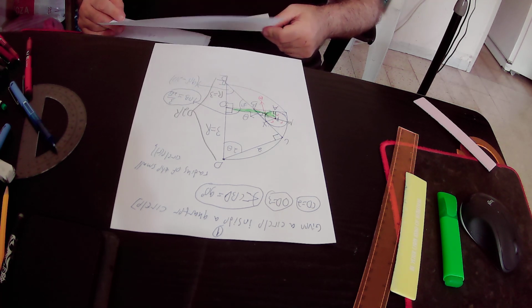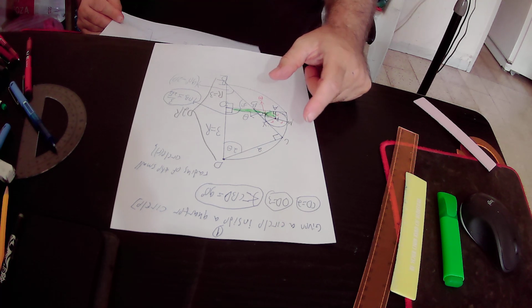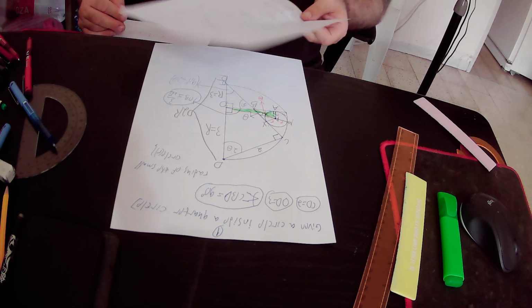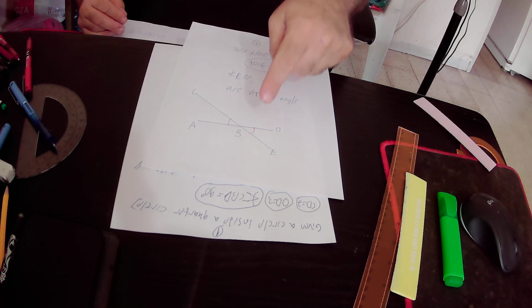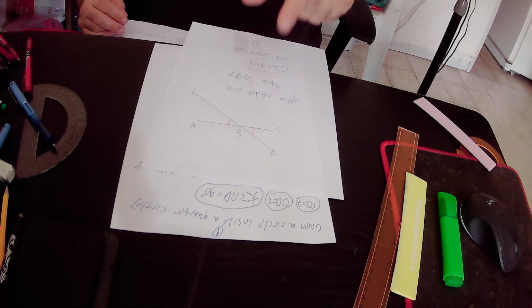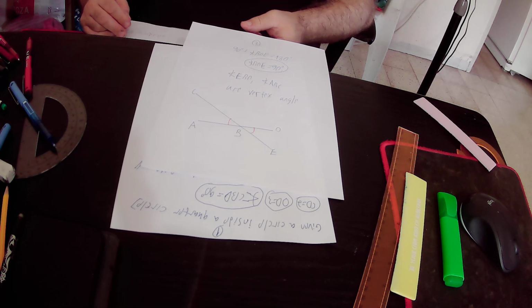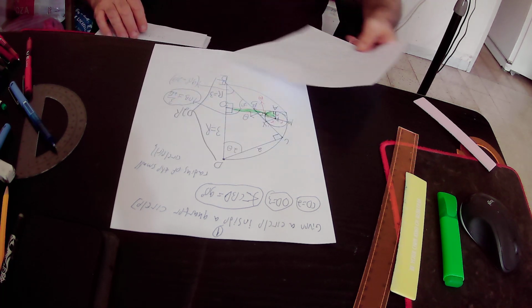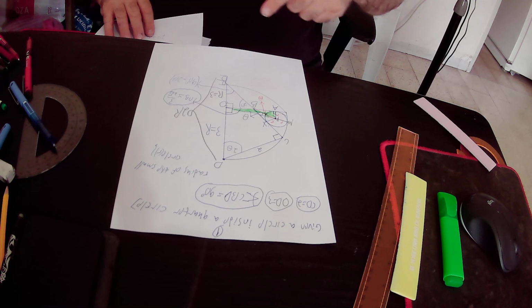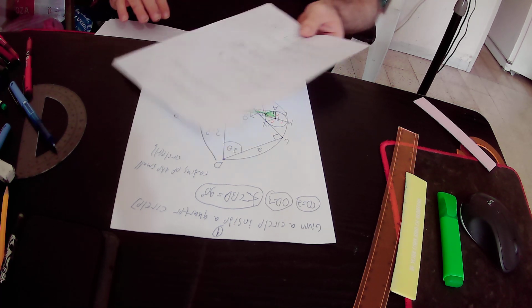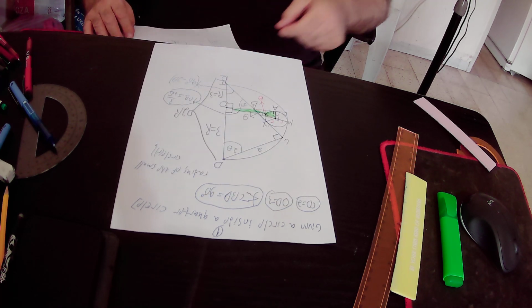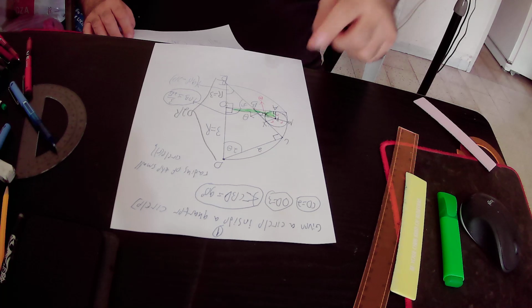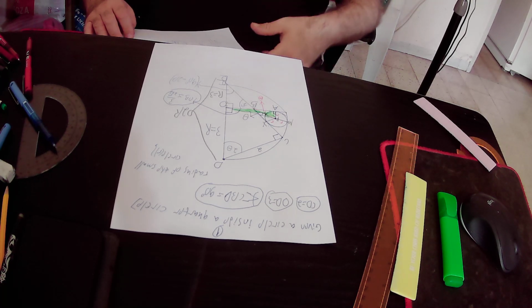And actually, by extending CB and DO, we created two vertex angles. Those two angles in the right color are vertex angles, and we have a rule that vertex angles are equal to each other. Therefore, angle ABC equals angle EBO, and angle ABC equals theta plus theta, which is 2 theta.